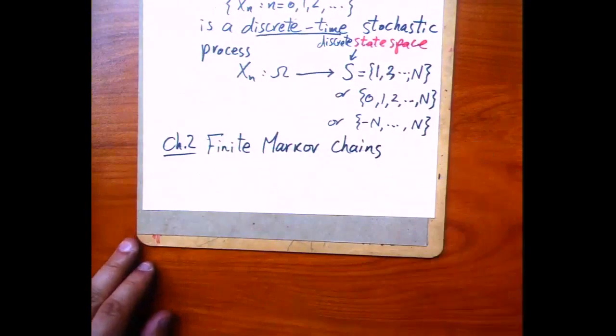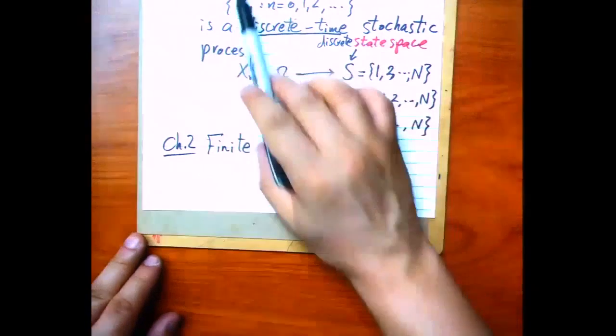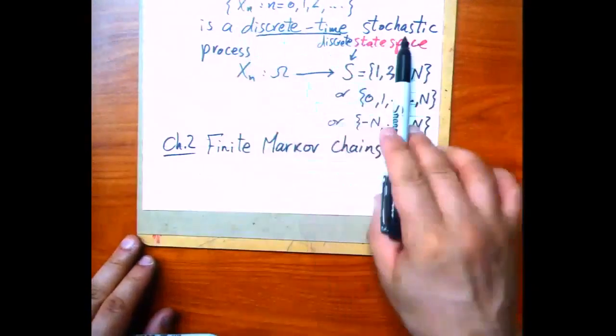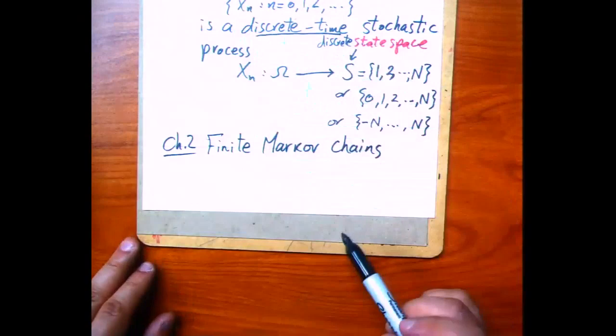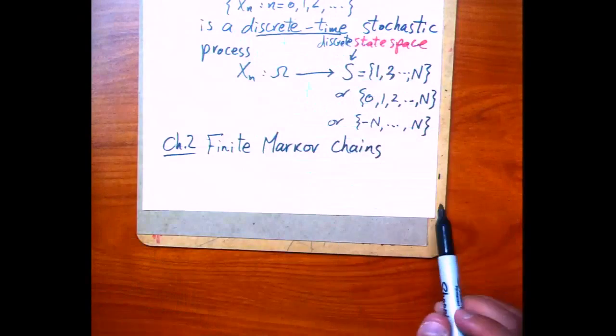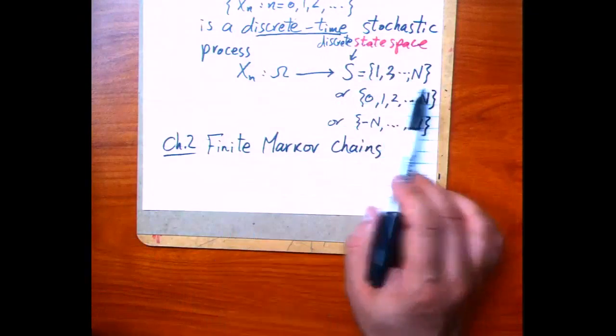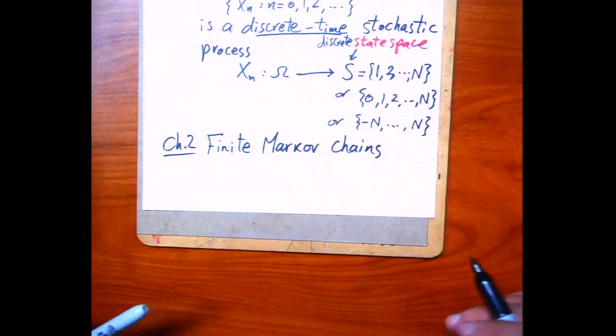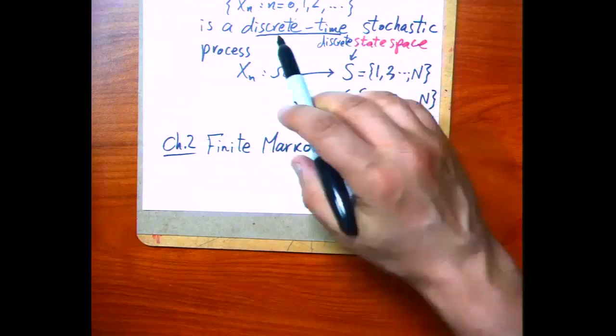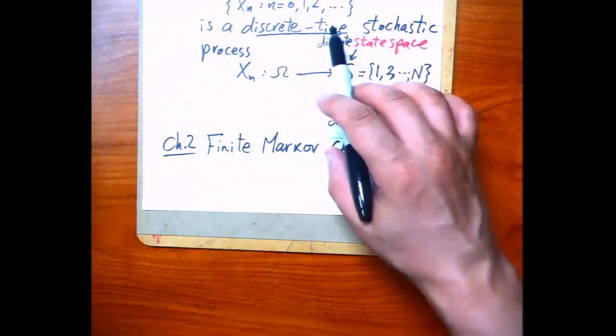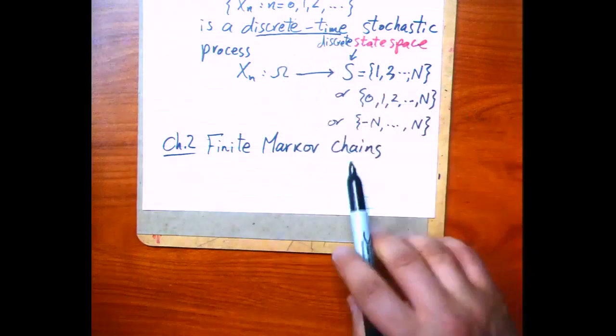So in general, this is called a stochastic process, discrete time, discrete state space. In a few seconds we'll show you what we mean by a Markov chain, and we call it finite because it takes finitely many values. If it takes any integer number, we would call it countable. If the time is continuous, we call it a process. We call it a chain because we have discrete time.